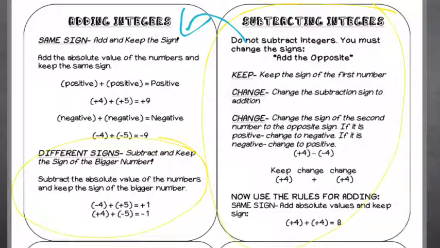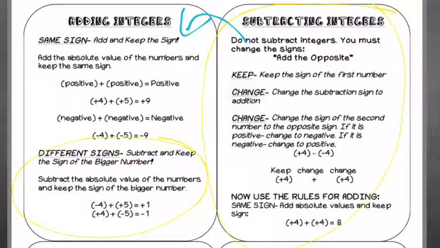Winky wink, that's all I'm going to say, right? As a class, what is the rule for adding integers with different signs? Subtract the numbers, so find the difference of the numbers, and keep the sign of the bigger number. That exact phrase. Remember those phrases, you guys.